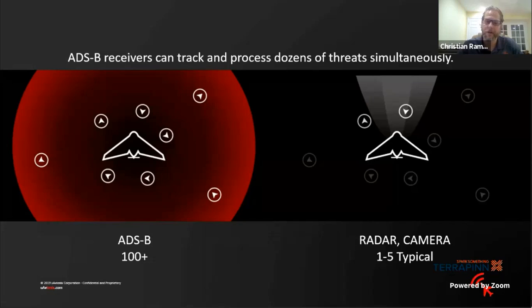Maybe you shouldn't be flying in that case, but you do have that capability. It gives you the ability to strategically deconflict and not worry about a close range collision avoidance maneuver. So if you've got a strategic deconfliction, you can see the aircraft far out and adjust your flight path accordingly.